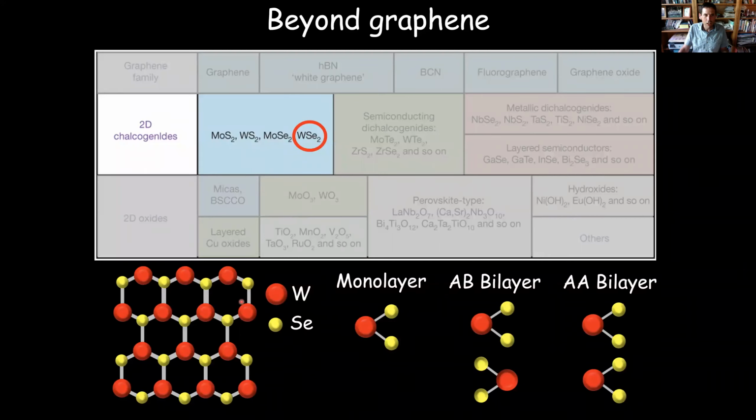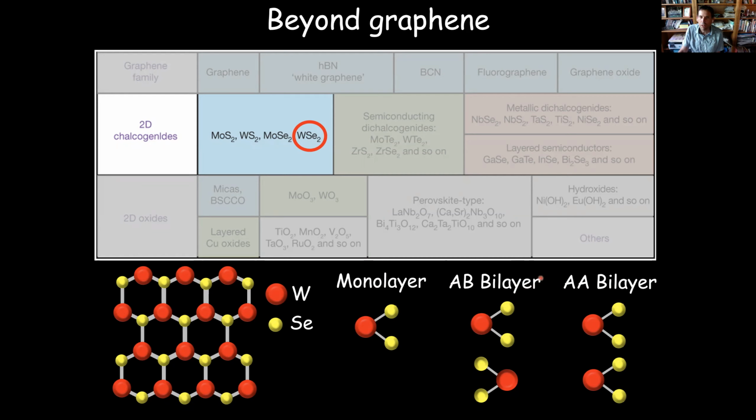So in graphene, we had all carbon atoms in this hexagon. In tungsten selenide, because it's this 3-layer unit cell, we have a tungsten and 2 selenium atoms. When you create a bilayer, or stack 2 layers on top of each other, now there's 2 different ways to do this.